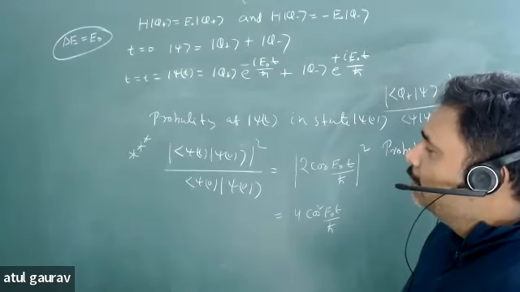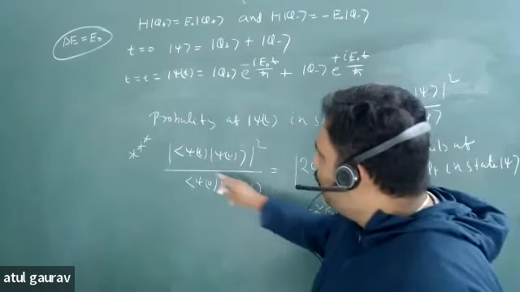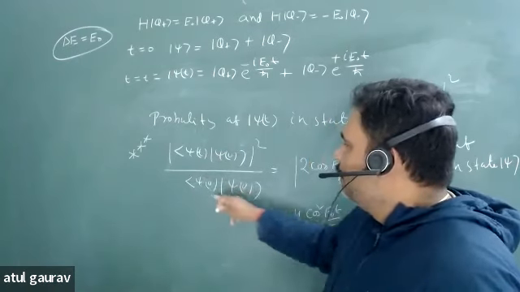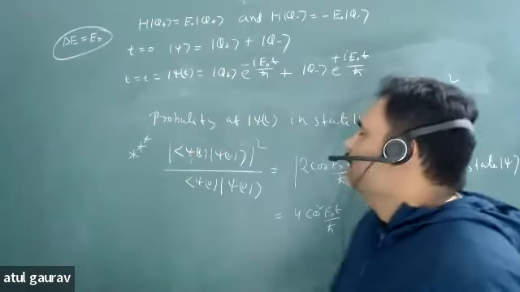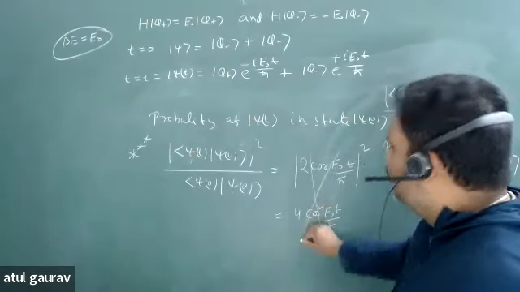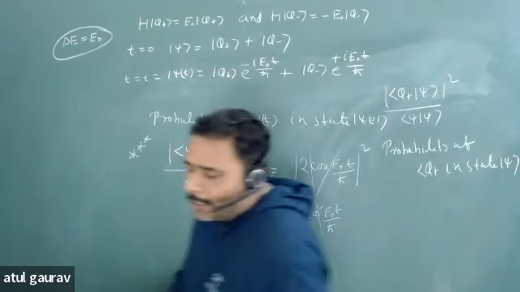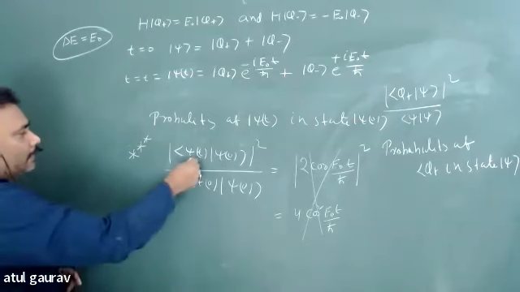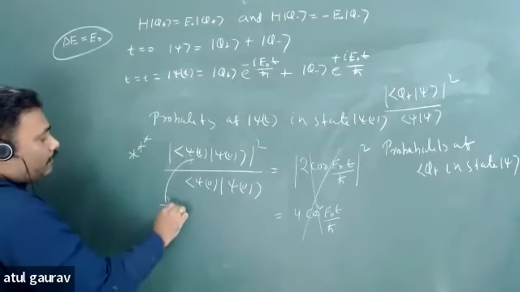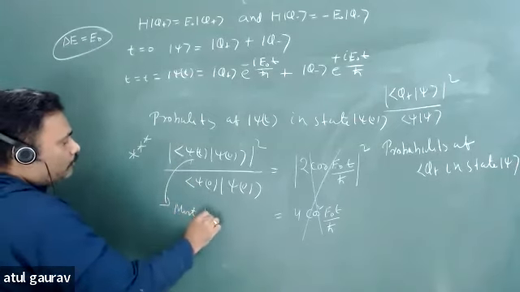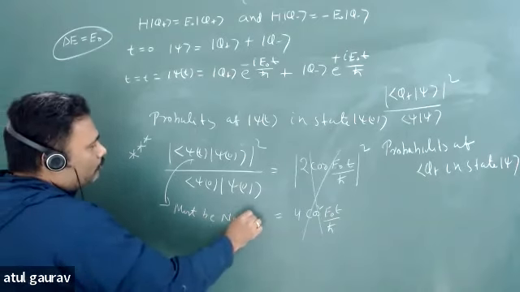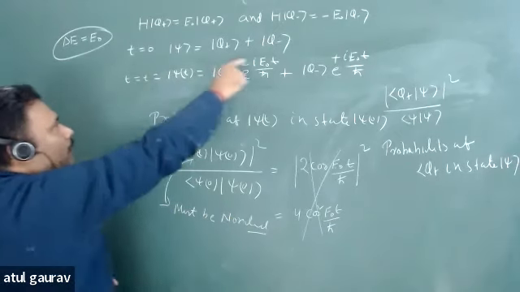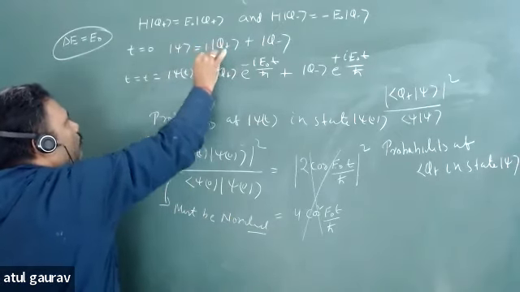Psi t को, because psi 0 का नॉर्मलाइजेशन का कंट्रीब्यूशन यहां हो जा रहा है। Are you getting my point? साई t को हमने नॉर्मलाइज नहीं किया था, इसी कारण आपका एब्सर्ड आंसर आ रहा है। So first what you will do, you will just normalize psi t. So always keep in mind that this vector must be normalized. और ये वेक्टर जैसे ही नॉर्मलाइज करोगे, so you have to just normalize it.